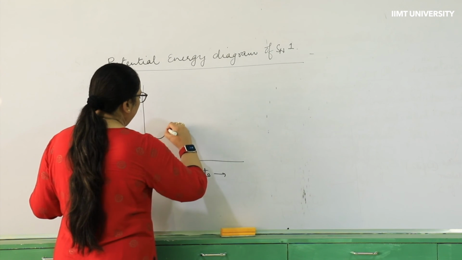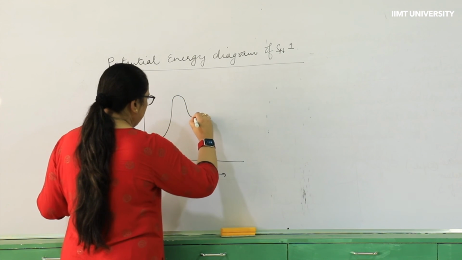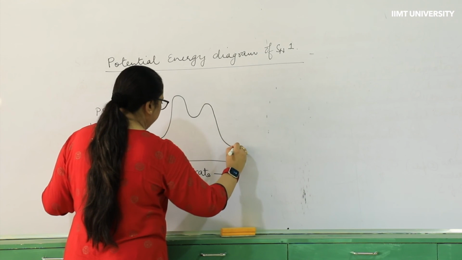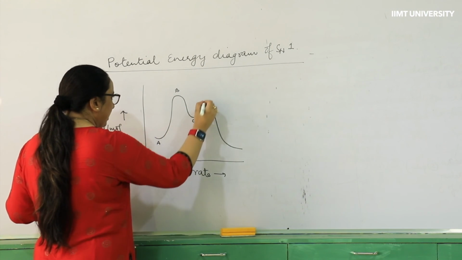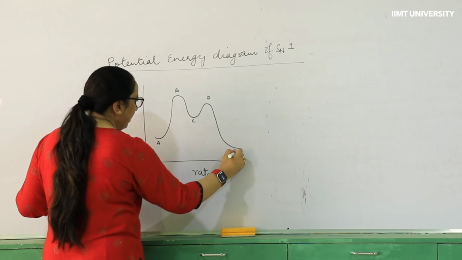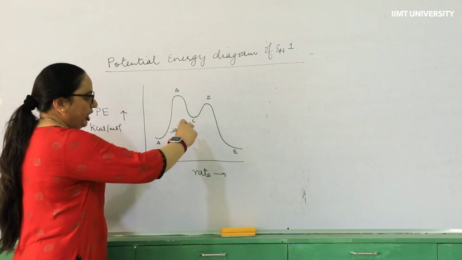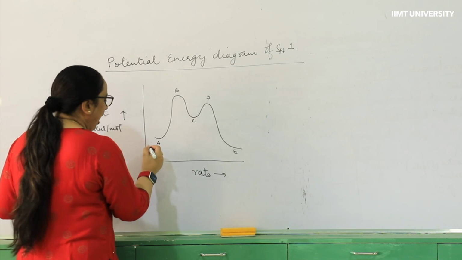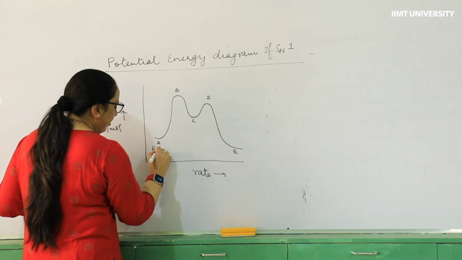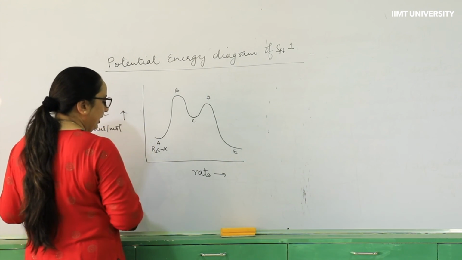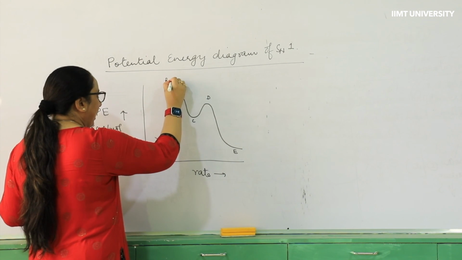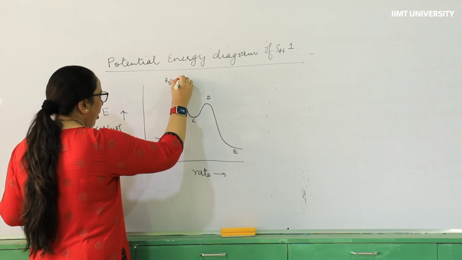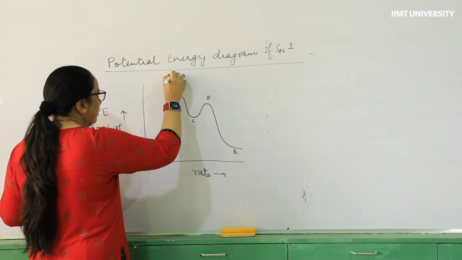The curve will be like this, consisting of A, B, C, D, E. These are the major change points. At A, this is the alkyl halide. At B, in the alkyl halide, the bond between carbon and the halide starts breaking.